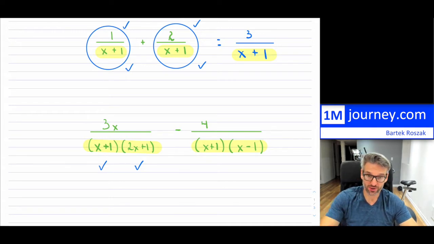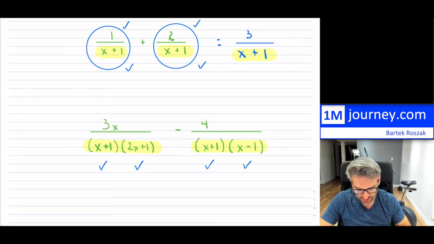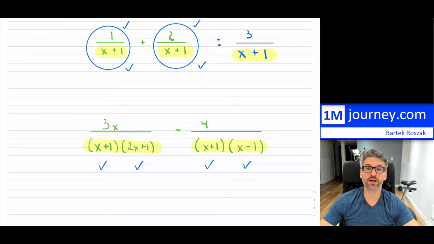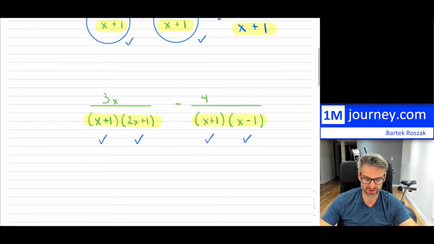For now, in this example, the factors are already factored for us. Now, in the second term, I have two factors again, but they're different. They only share one common factor. That common factor is the x plus 1. And the 2x plus 1, and then on the other term, the x minus 1, those are not in common.